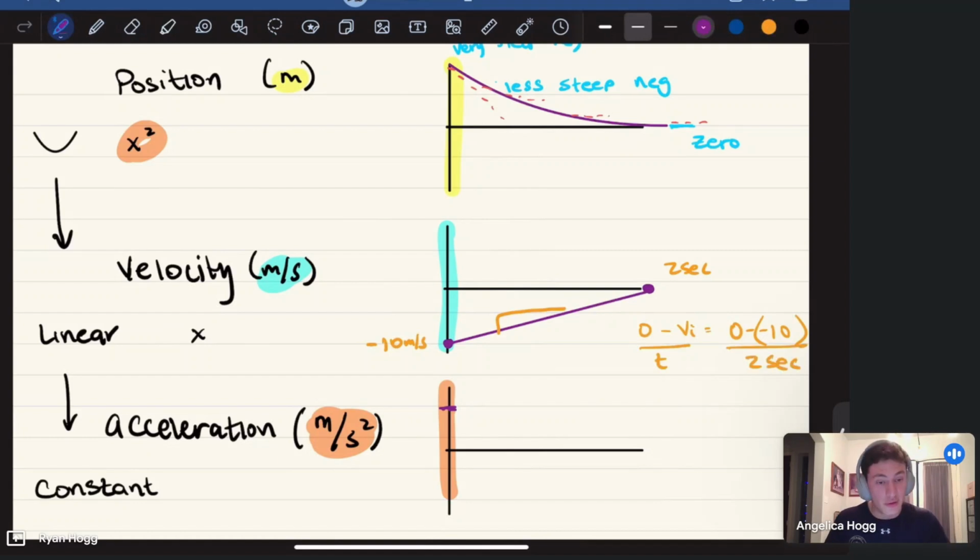We would get 0 minus negative 10, and that gets us positive 5 meters per second every second. Because again, this is meters per second in its unit. So that gets us a constant flat line right here.